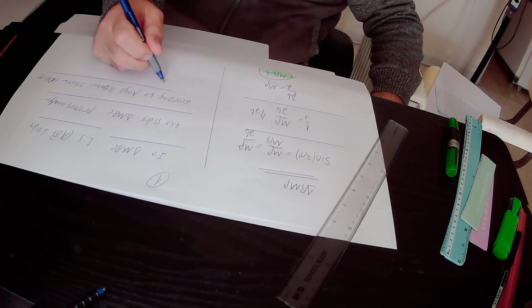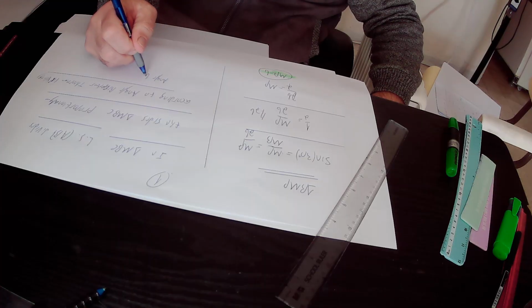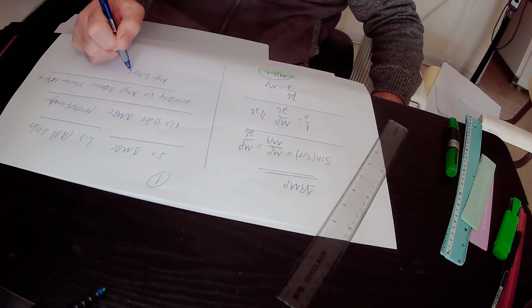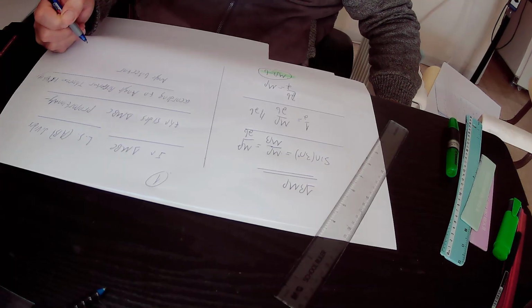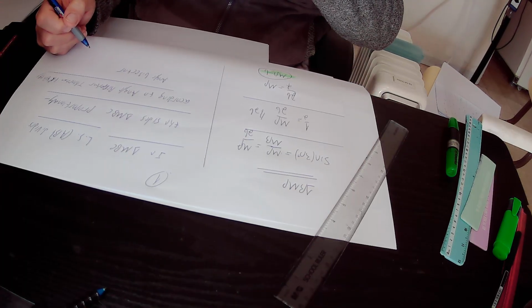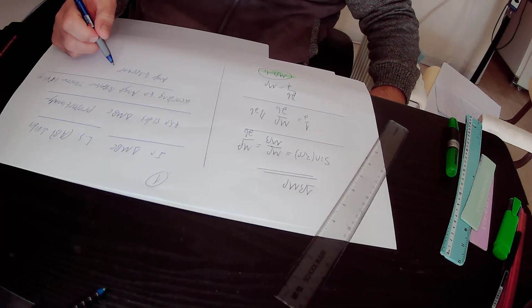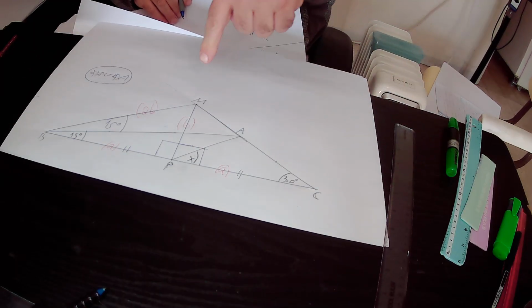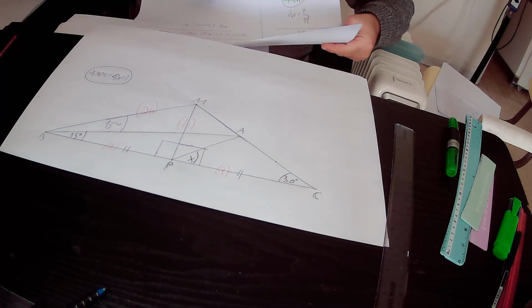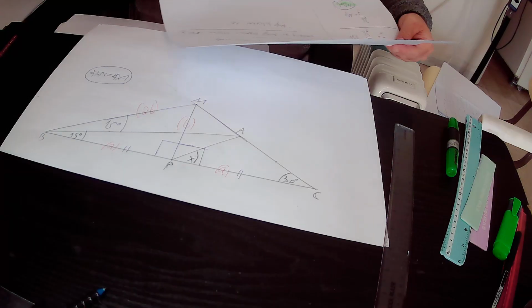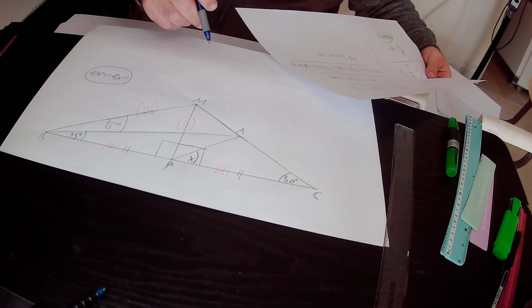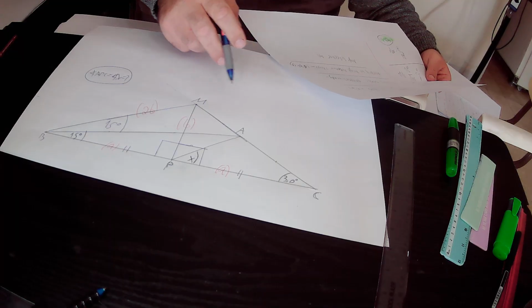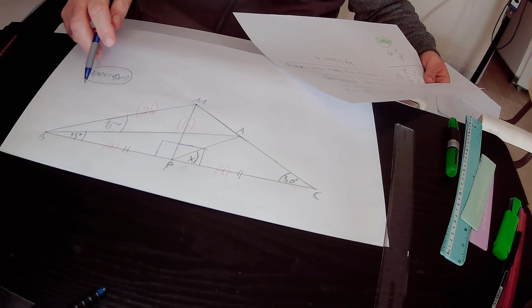Angle bisector AB divides this angle MBC into two halves, and therefore, according to the angle bisector theorem, angle bisector AB divides the sides of this triangle MBC proportionally.